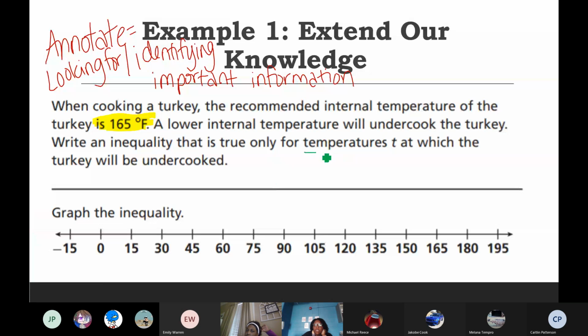And we want to make sure we know we're using T for the temperatures at which the turkey will be undercooked. So T must be greater than or equal to 165. And I'm sorry I wrote that crooked. I'm going to fix that for you. It's going to bother me. I'm sure y'all don't mind, but it's tearing my nerves up.